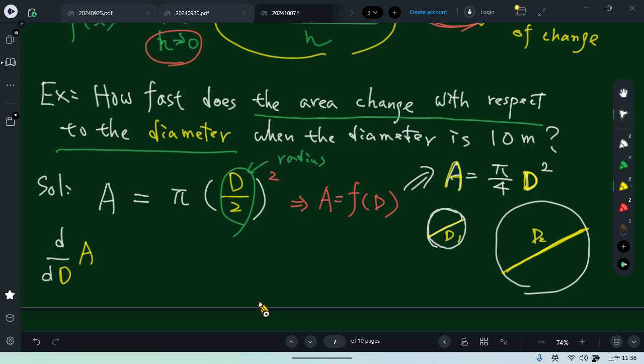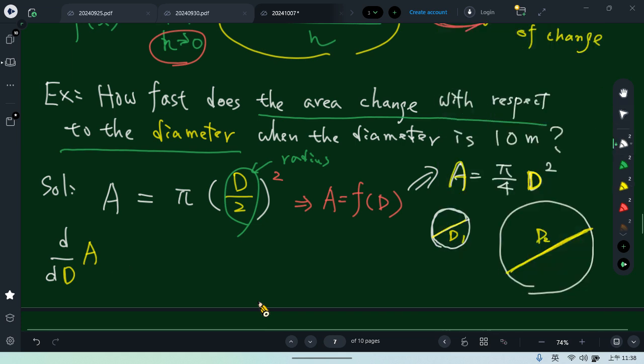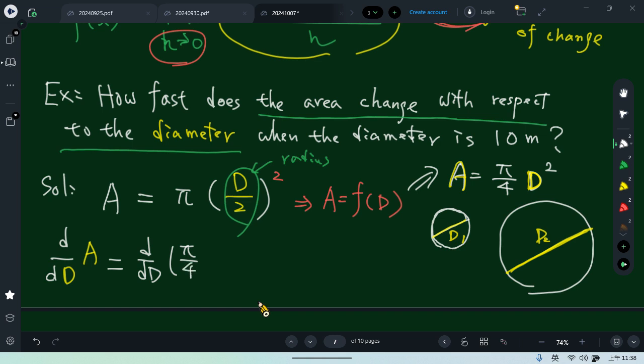Based on this, if we just differentiate, we get d over dD of pi over 4 D squared, and the result will be pi over 2 times D.